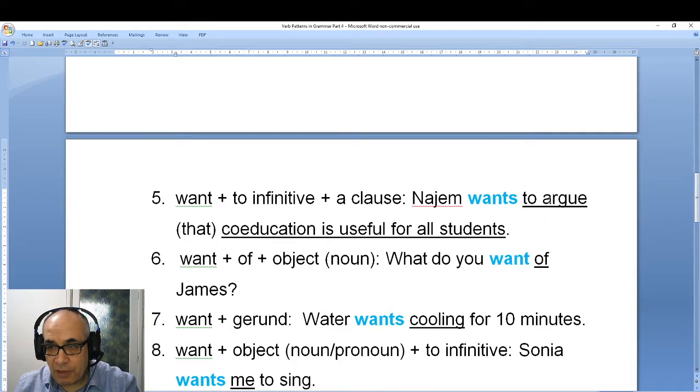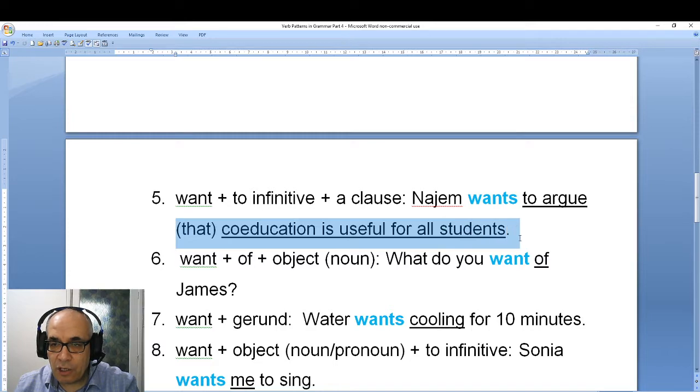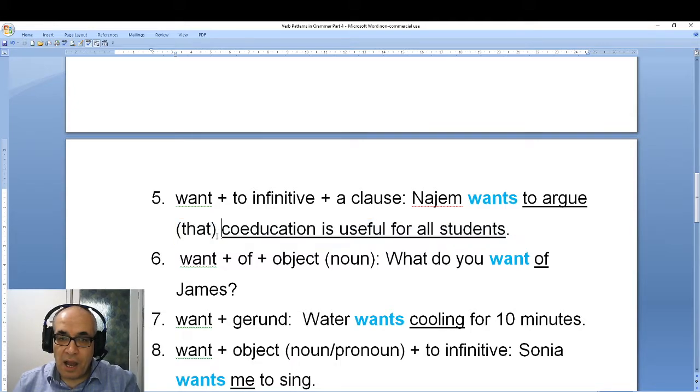Of course, to is the infinitive, argue is the verb, and then that co-education is useful for all students is a clause. I put that between brackets. This means you can use that or you can delete it. If you use that, it means you are using formal English. If you delete that, it means you are using informal English.